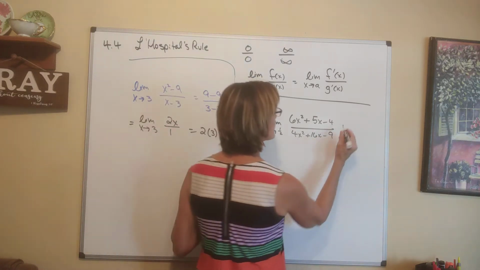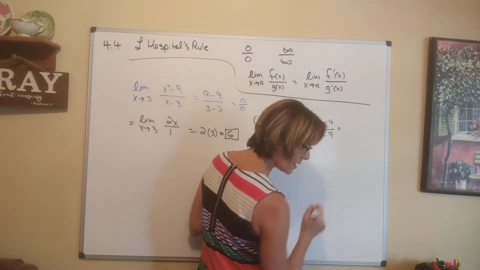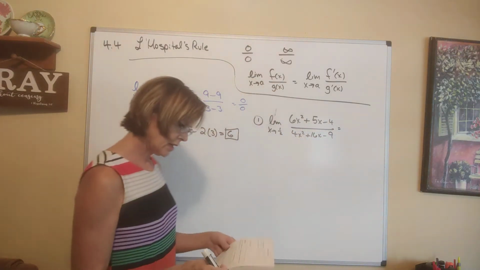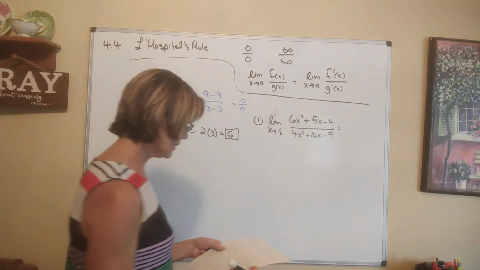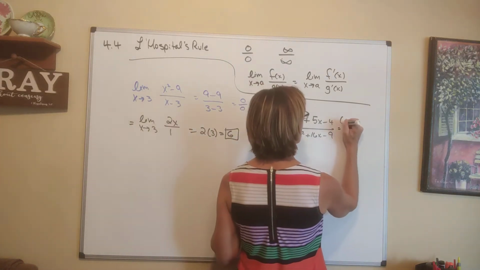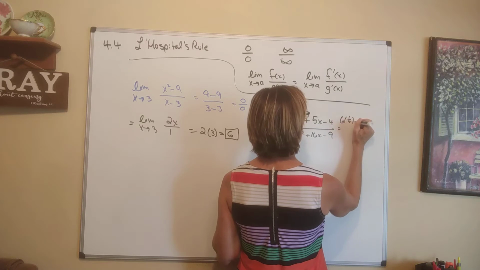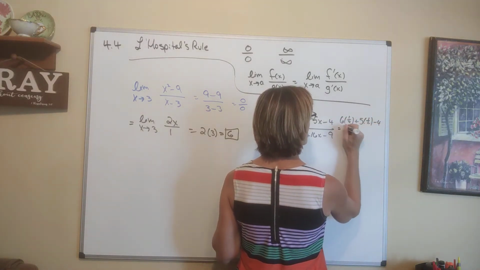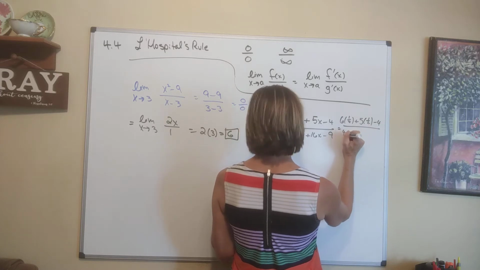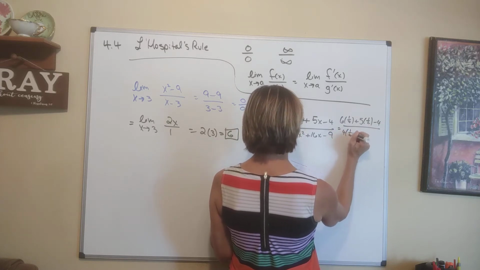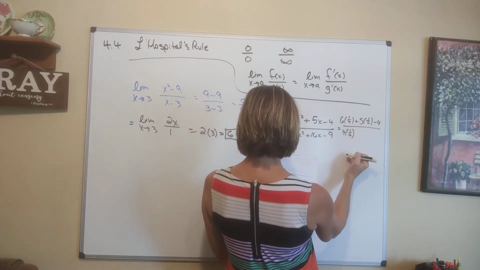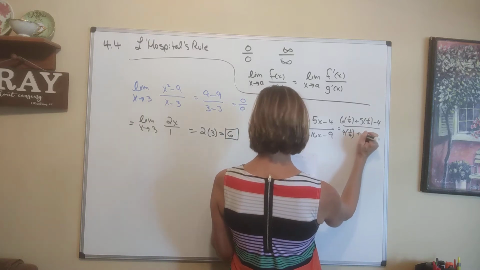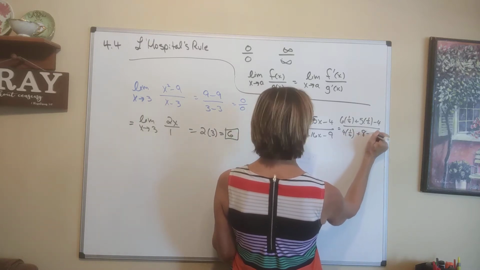So if we use direct substitution, what we get is 6 times 1/4 plus 5 times 1/2 minus 4 over 4 times 1/4 plus 16 times 1/2, which is 8, minus 9.